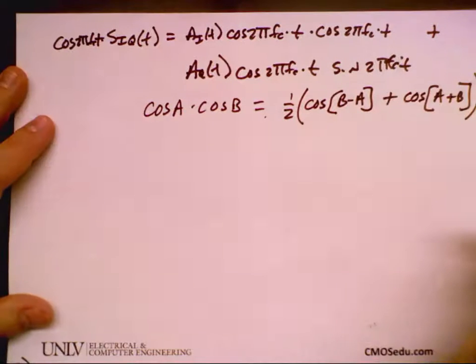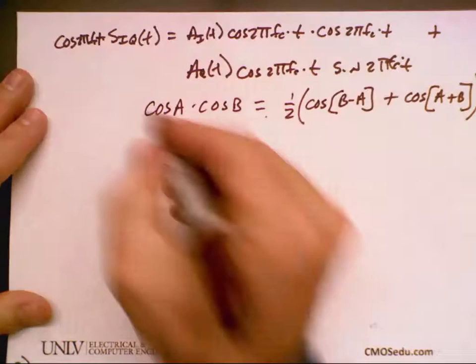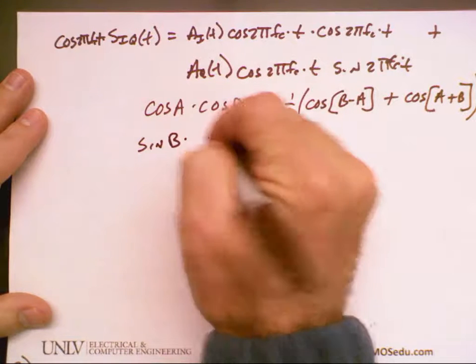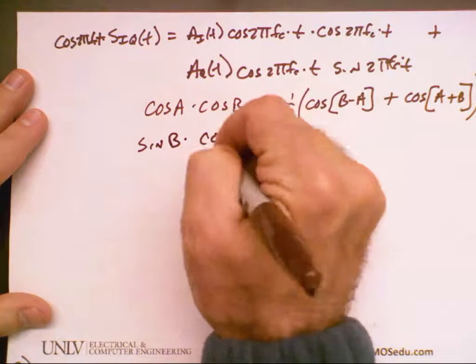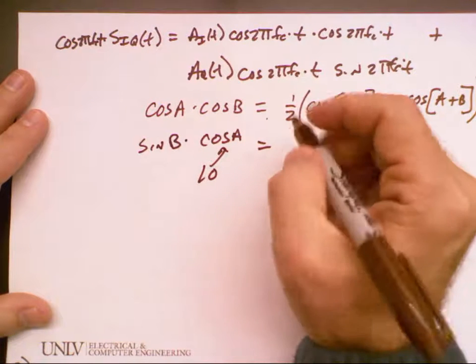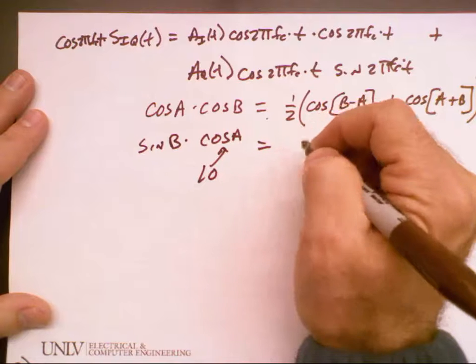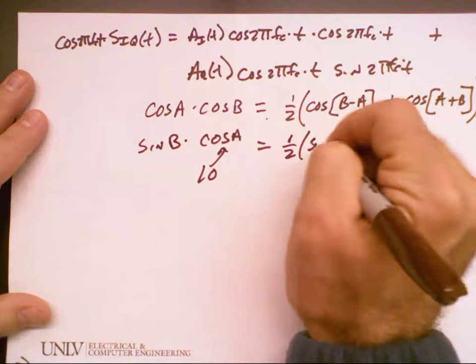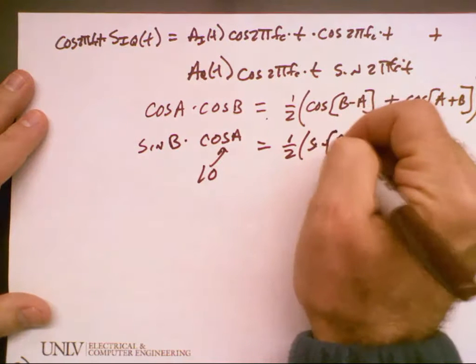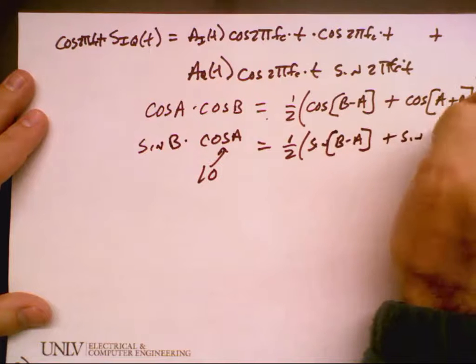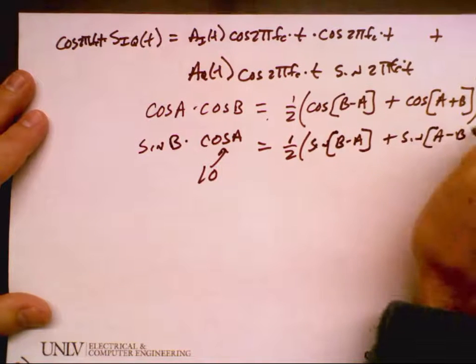Because that's the whole point of IQ. They've got to be 90 degrees out of phase. And then the sine of B times the cosine of A, where that's our LO, is equal to 1/2 times sine of B minus A plus sine of A minus B.